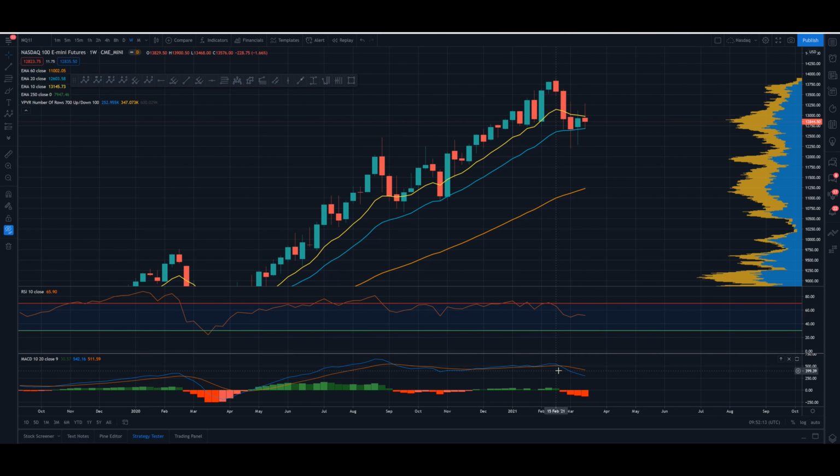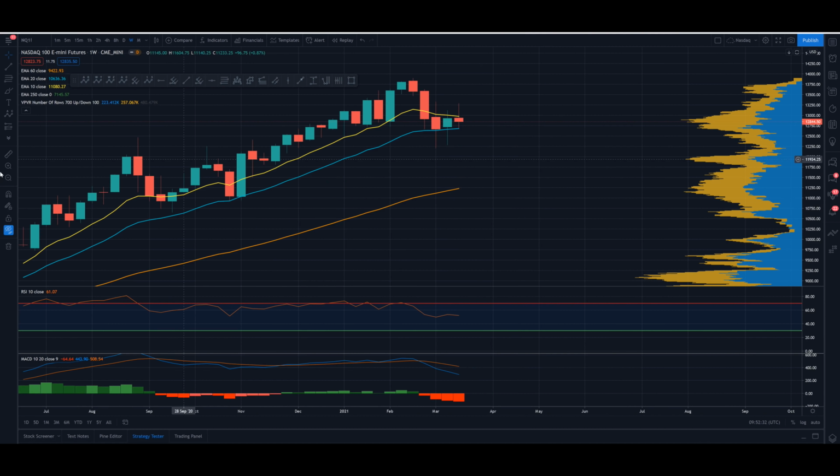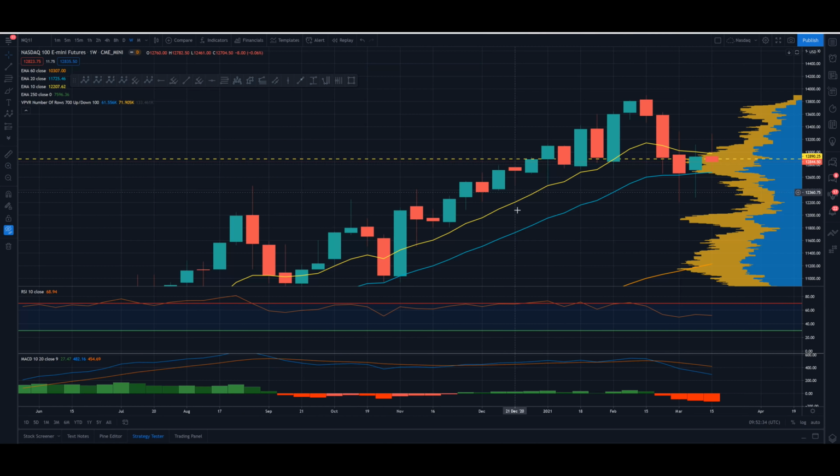Crossover of the short and long-term moving averages here, a bearish crossover, with an increase of bearish momentum to the downside, a bunch of red bars on the histogram here, seemingly getting stronger, even though we've had a green bounce. We put in the low on the second bar here on the histogram. If I just zoom in to the more recent price action so I can explain what I mean.